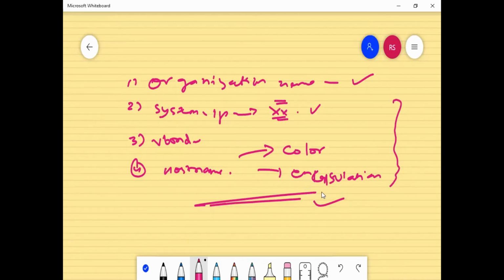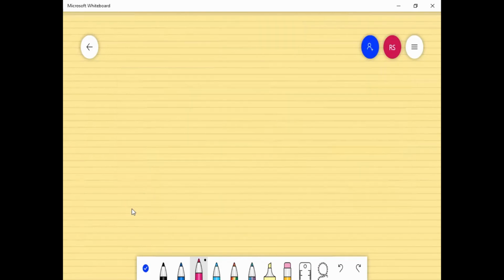Okay. So let me talk about color at a very high-level overview, so that you can understand what color is in terms of SD-WAN and diagnose how this topology works.